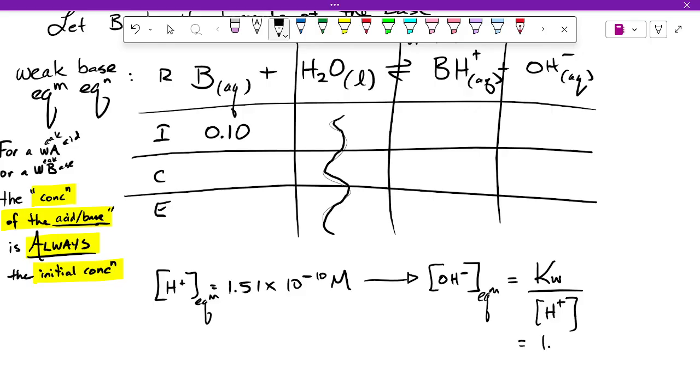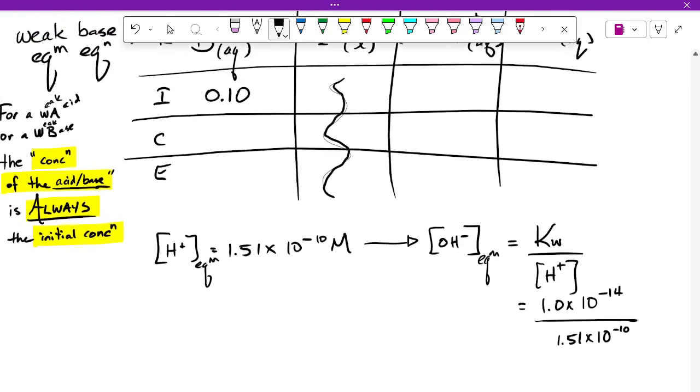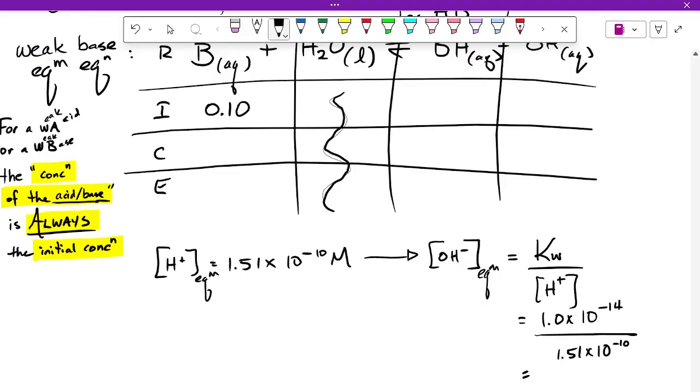So that's going to be 1 times 10 to the negative 14 divided by 1.51 times 10 to the negative 10, which is 6.62 times 10 to the negative 5.